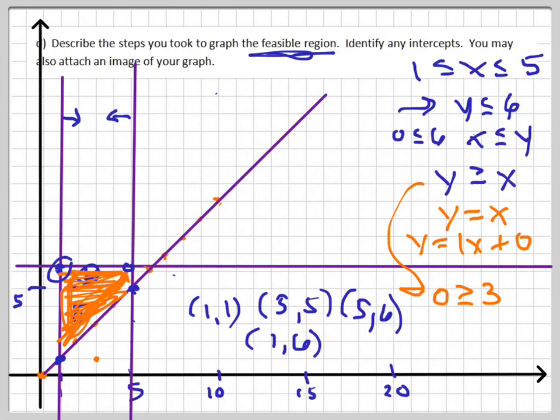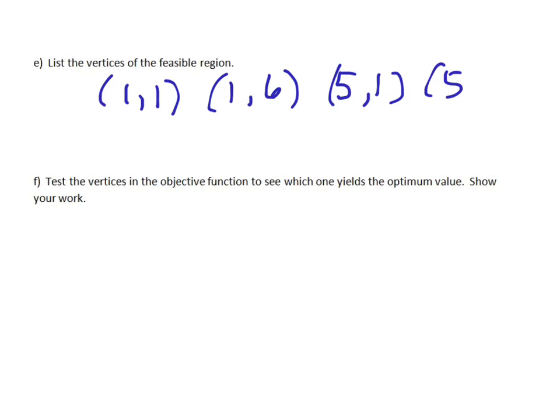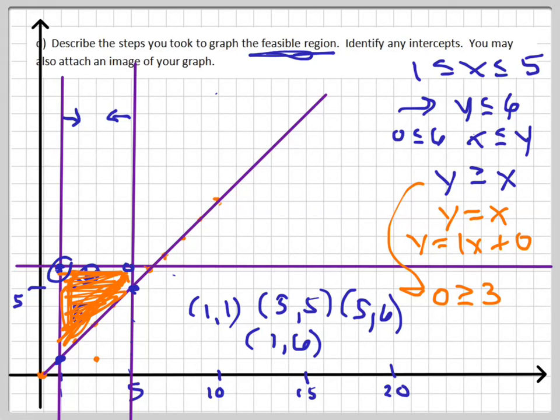Okay, so 1, 1, 1, 6, 5, 5, 5, 6. Five, 1, 5, 6.